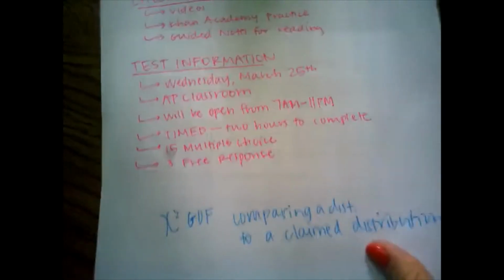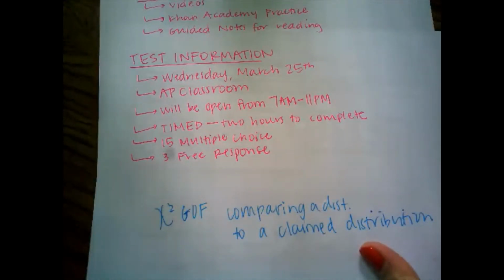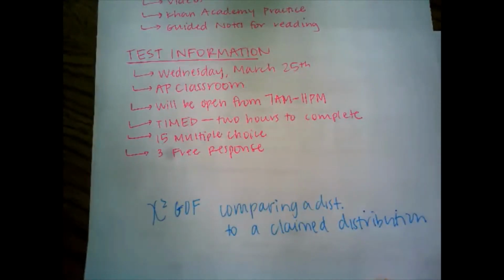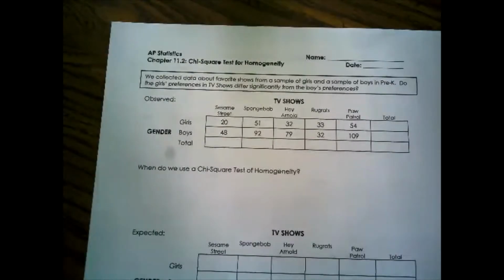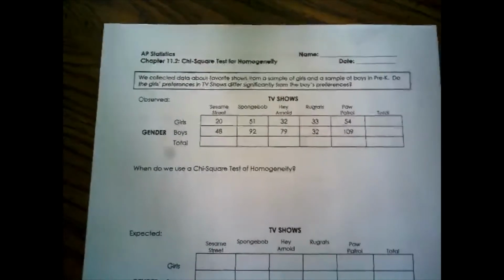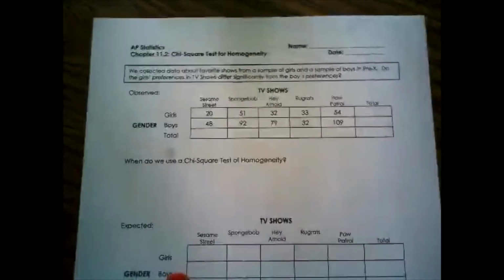So you only have one sample, and you're just comparing it to what you've been told. So we're comparing the distribution of M&M colors to what the factory says the distribution should be.